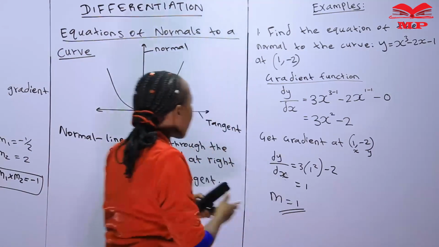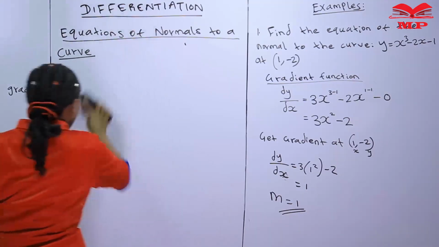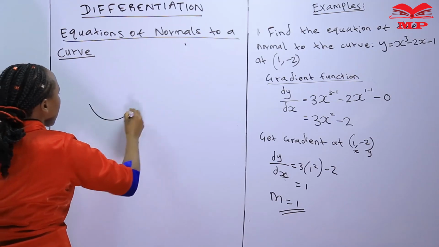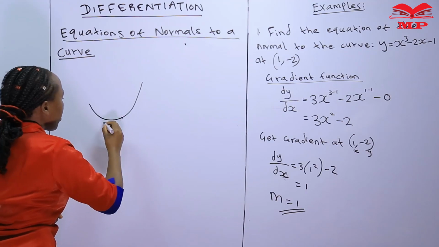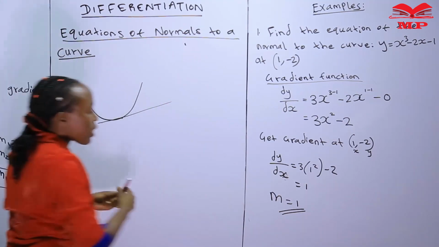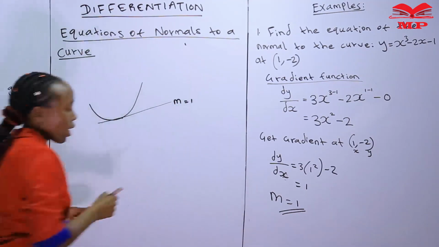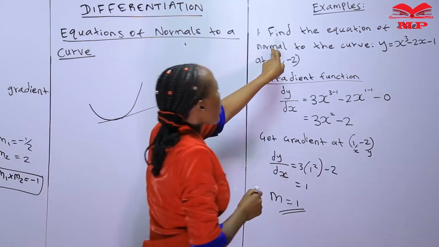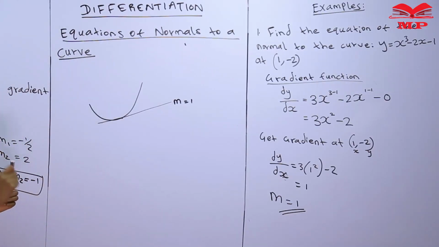If we have our curve in this manner, and we have this as our point, and we have the tangent here, the gradient of this tangent is equal to 1. Because we want to get the equation of the normal, we also need to get the gradient of the normal.